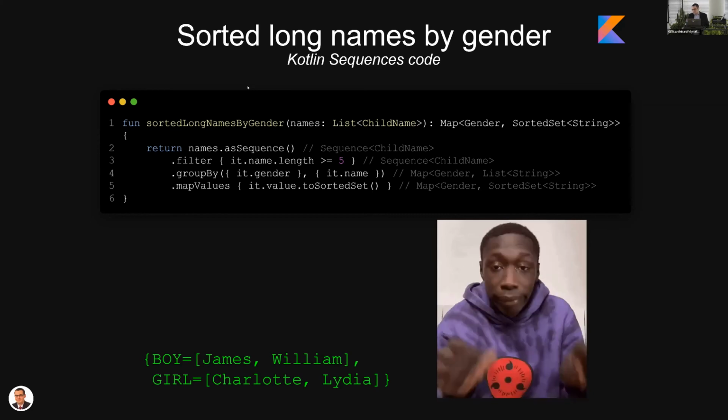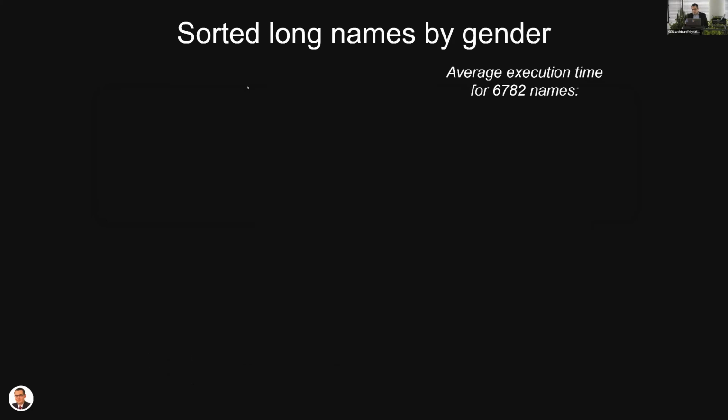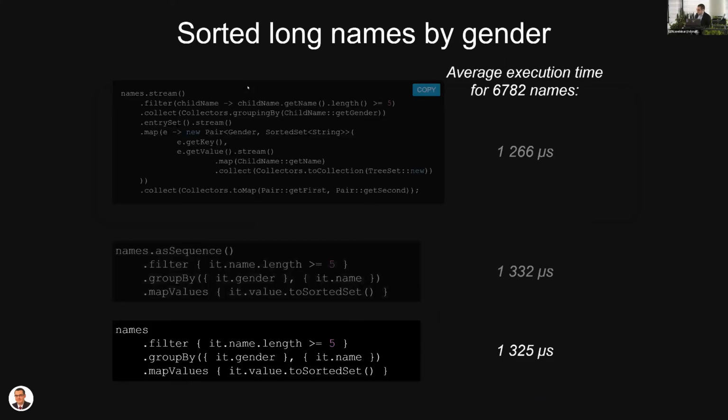So this is a big thing here, at least for me. If we have a look at the time in all 3 approaches, we get basically the same time, more or less 1.3 milliseconds, and that's it. There is nothing significant here, so it's not worth talking about.